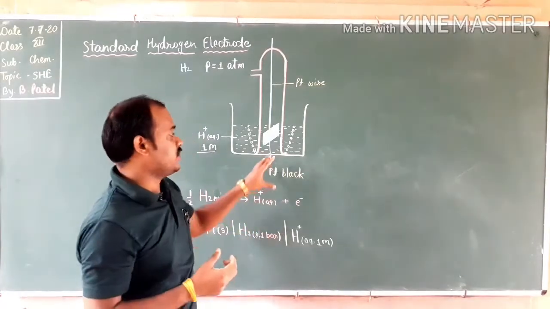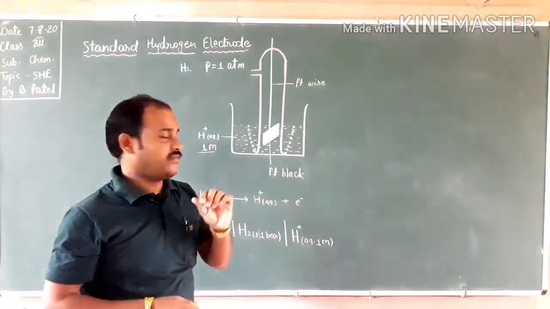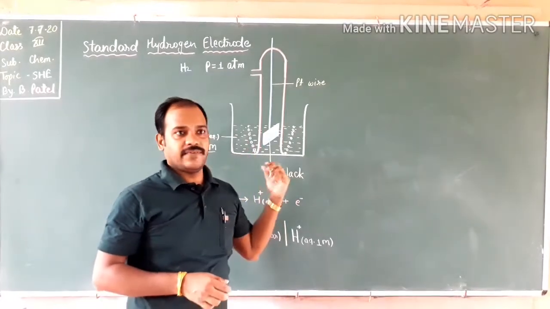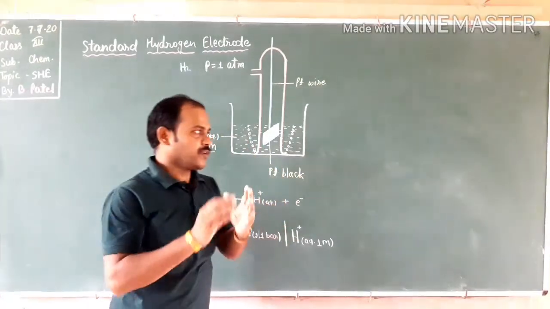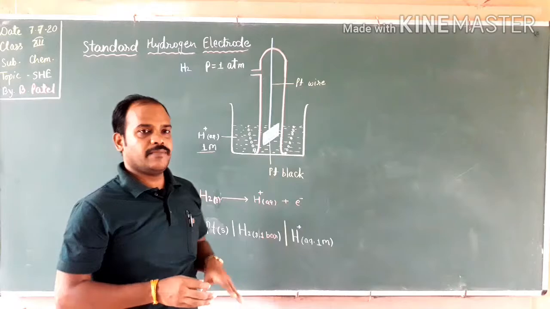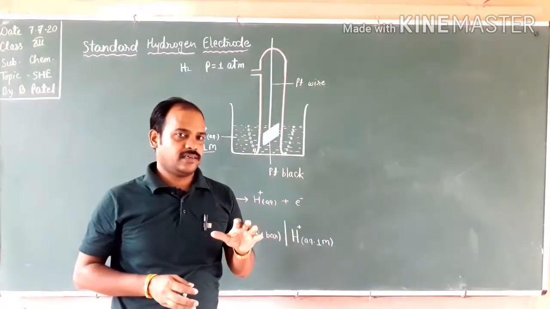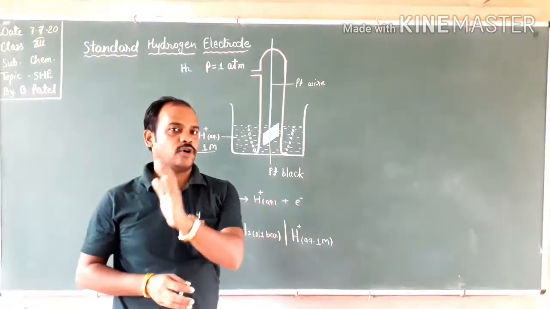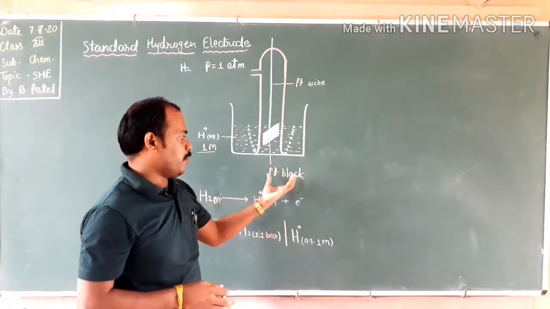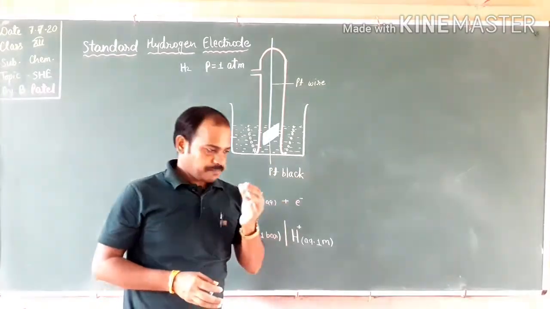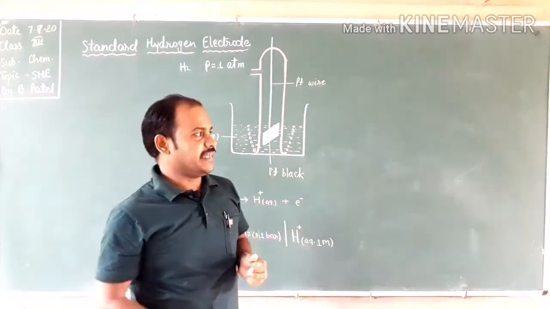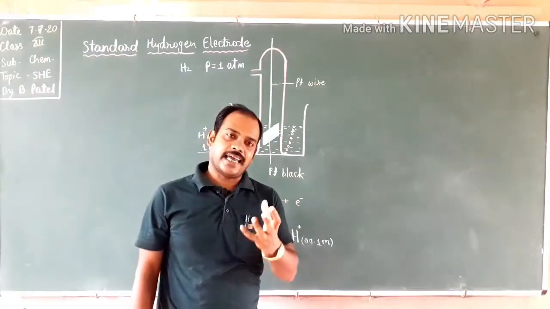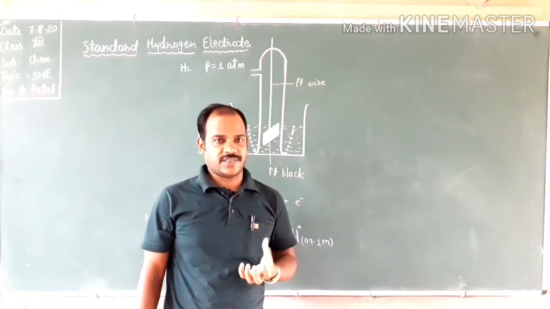What is the importance of this finely divided platinum black? The reason is that platinum is a good adsorbent. Remember, I am not saying absorbent, I am saying adsorbent. It means finely divided platinum has the property to adsorb hydrogen gas.